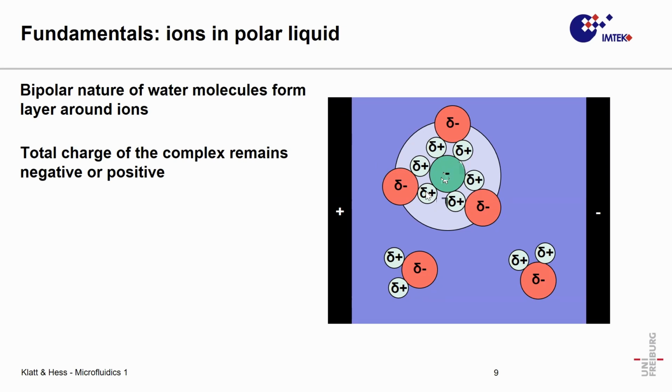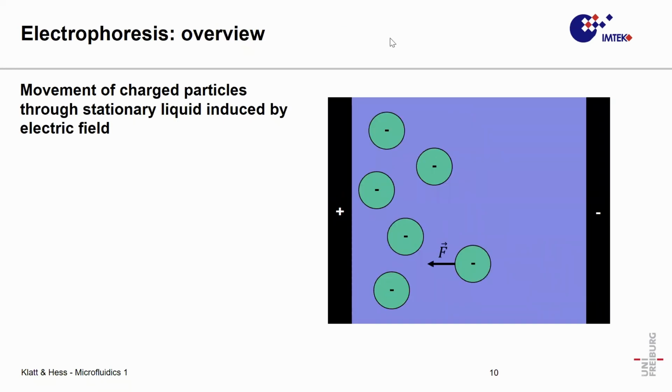However, this will not change the total charge of your complex. So the total charge will remain negative and your particle will be attracted to the positively charged electrode. So that's it with a very superficial overview of the fundamentals that we require today.